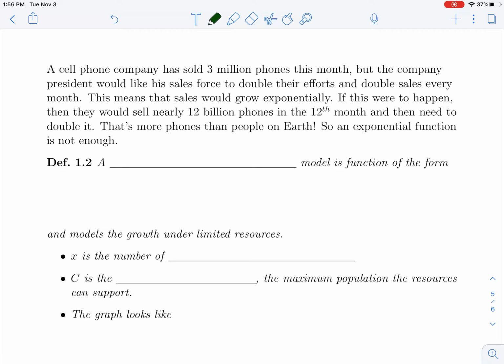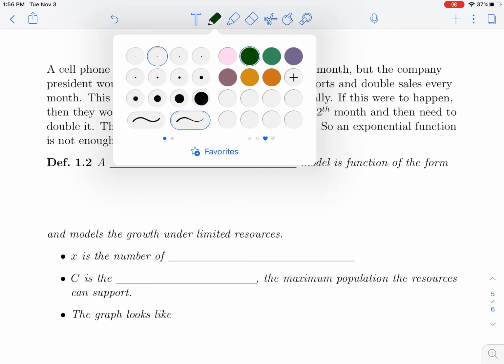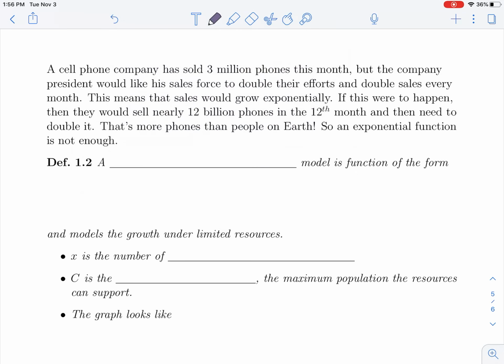So we're going to have to change it around a little bit. I like this purple color. We're still going to use some parts of an exponential, but we're going to change it up a little bit. So we have something called logistic growth.